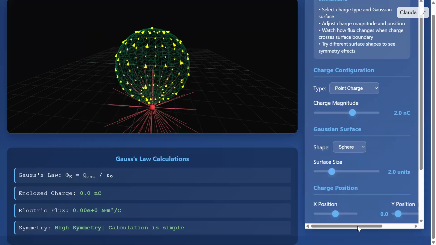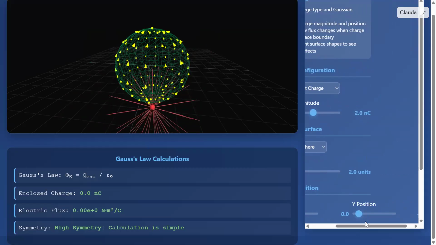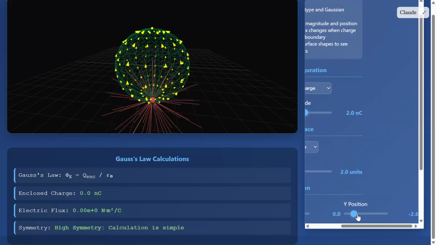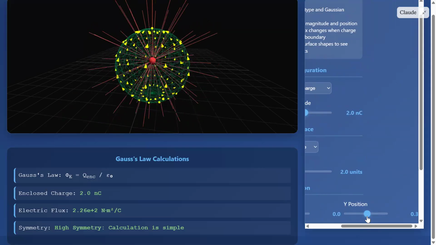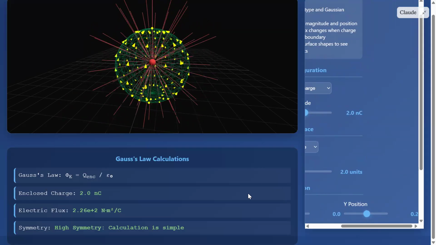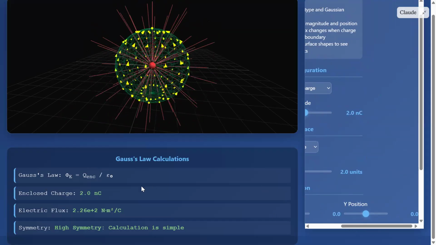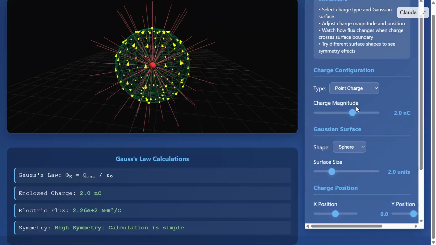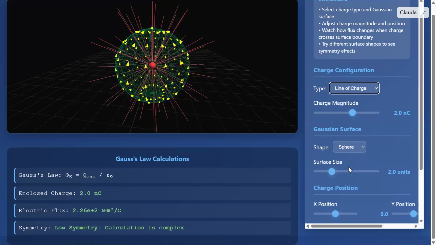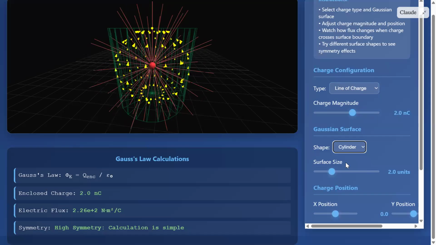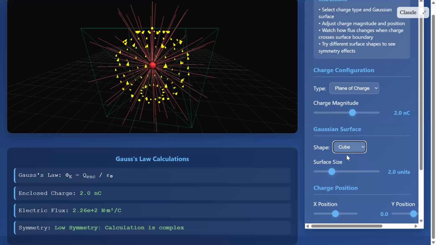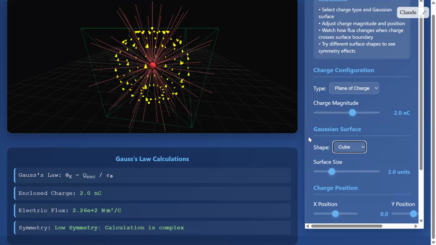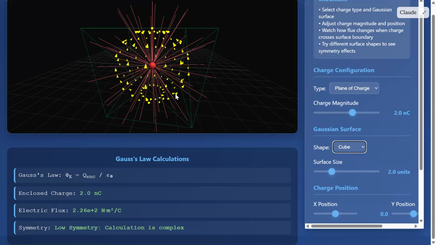Before that, we have to move the charge into zero position. So high symmetry, calculation simple. For a line of charge, you can choose a cylinder. For a plane of charge, you can choose a cube, and then you have to move the charge to that high symmetry position. Then only the calculation is very simple. So this is a simulation for Gauss law.